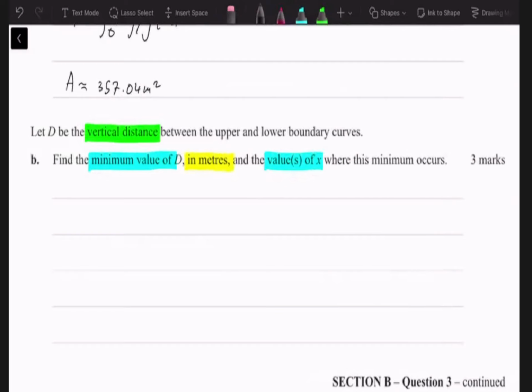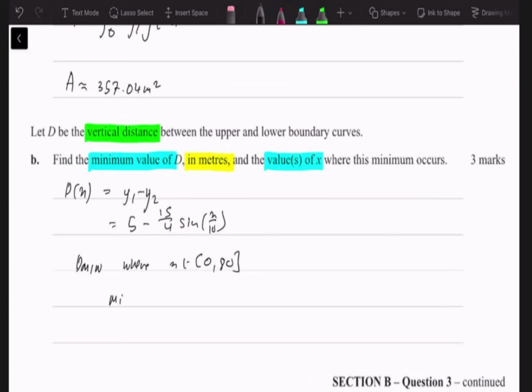So for this question, if it's 3 marks, you might want to define a function of d, so y1 minus y2. And if you expand and simplify, I got this function, and d min in your CAS, and remember to put the domain, so x is from 0 to 80.